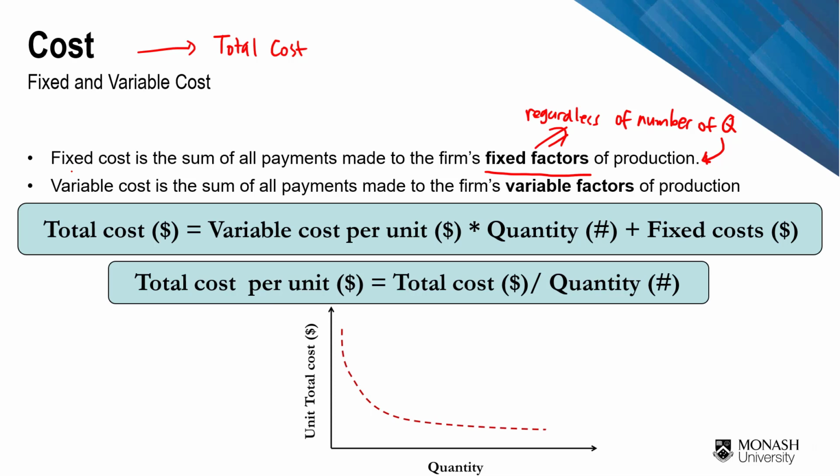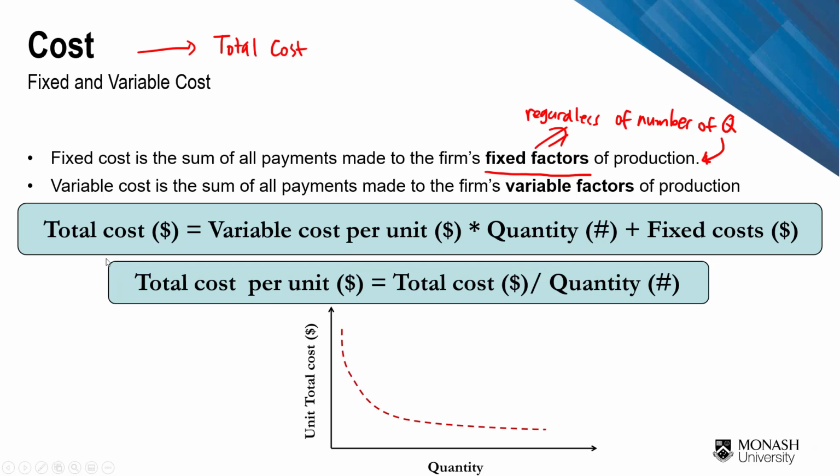Probably I still have to pay for inventory as well, because my fries and burgers go out a little bit faster when a lot of quantity goes out. I need to replace that, so I need to buy more inventory as well. Those are what we call variable cost, whereby the cost will change in respect to the number of quantities.